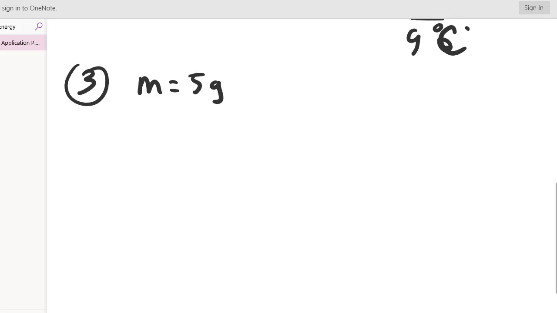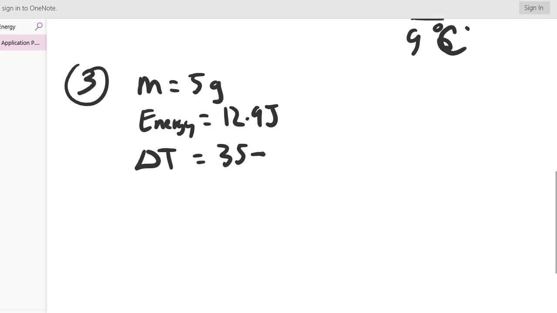We have the total energy. Energy that was used was 12.9 joules. And we have delta T, which is the change in temperature, which equals 35 minus 15. Remember, it's always the last minus the first, so that equals 20 degrees.